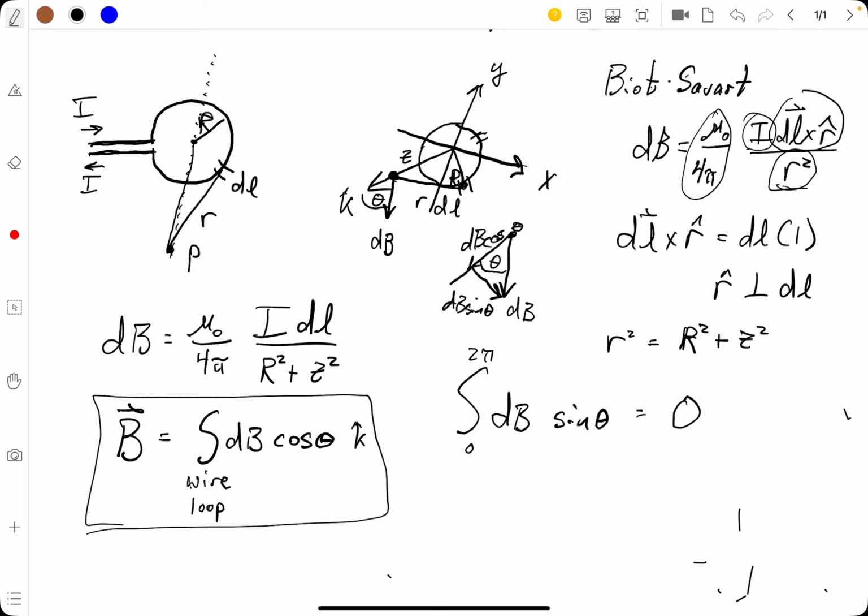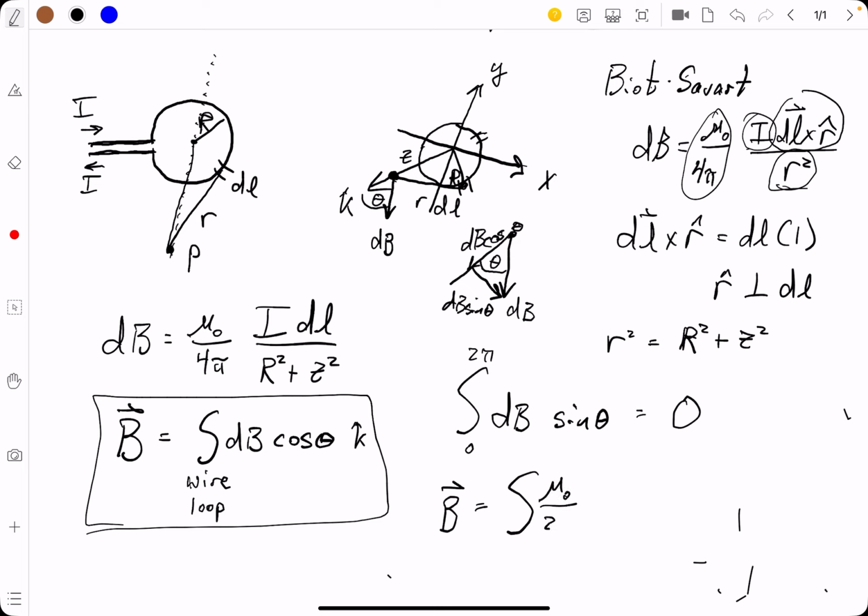So what does that mean? We're going to say B is equal to our integral of dB times the cosine of theta. So I'm going to put in dB.